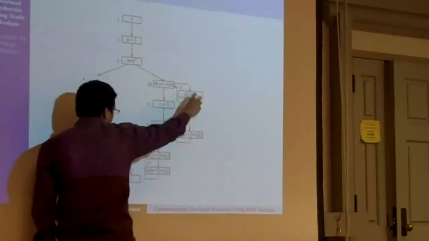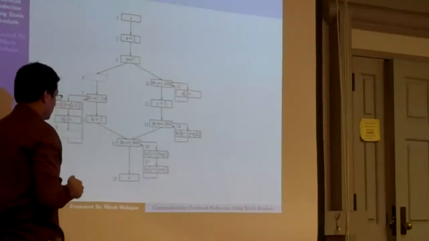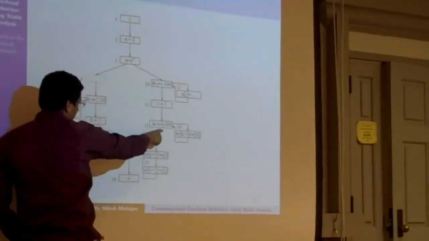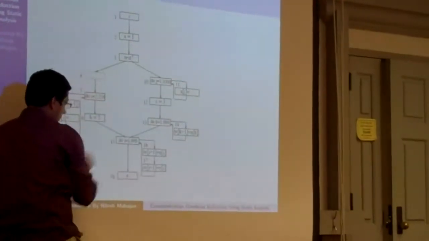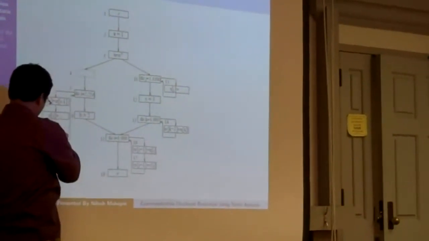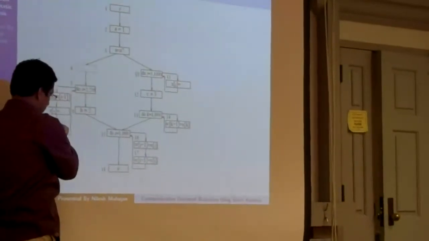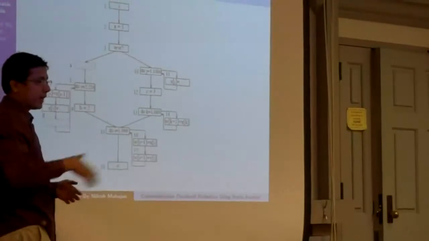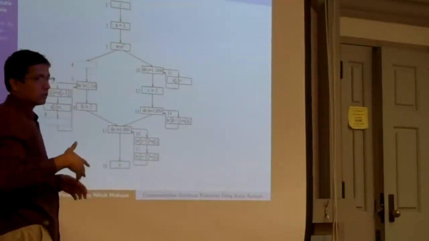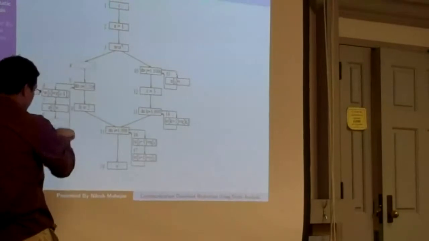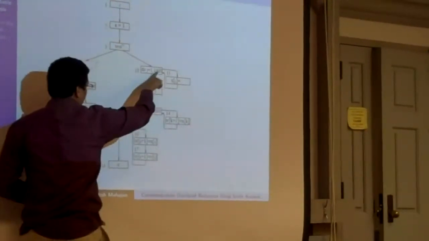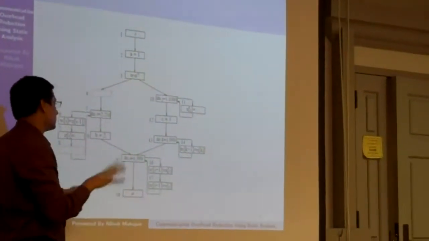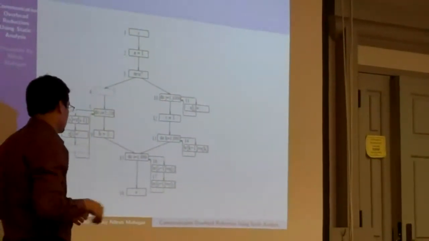This is a loop, this is a loop, these two are again loops, and you can see that there is a header node to the loops, and there is a unique last node for the loop. This is important because sometimes loops can branch out in many ways to many locations, but here there is only one backward edge to the header. That helps in some further analysis, as we'll see.